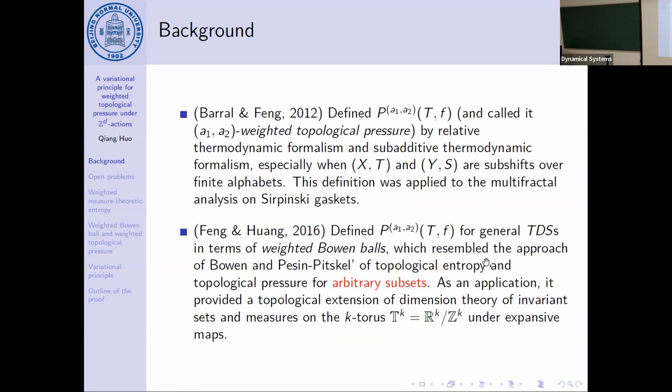So they give an answer for general topological dynamical systems, how to define this term to satisfy the variational principle. And as an application, they give a topological extension of dimension theory of invariant sets and measures on the higher dimension torus under expansive maps.